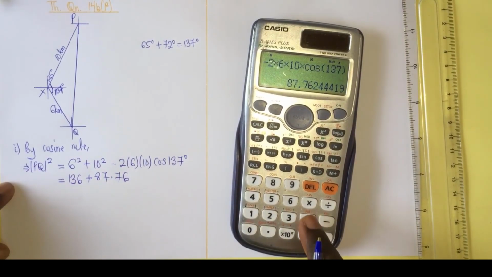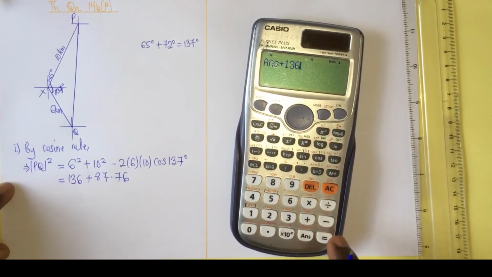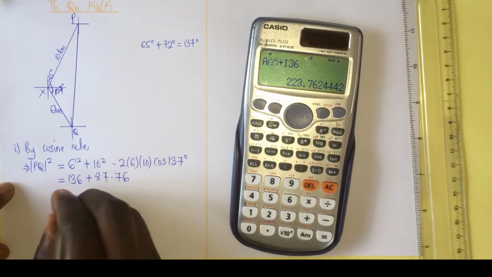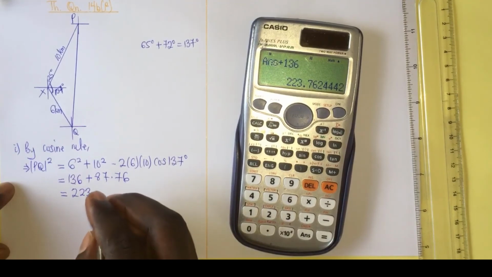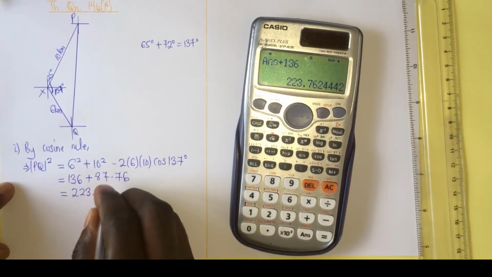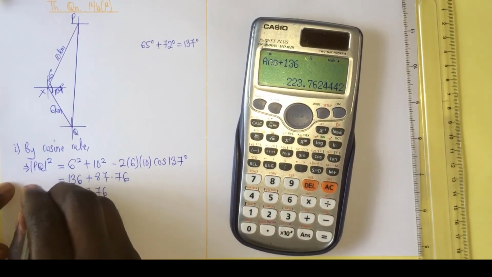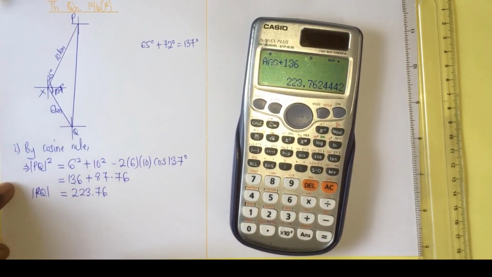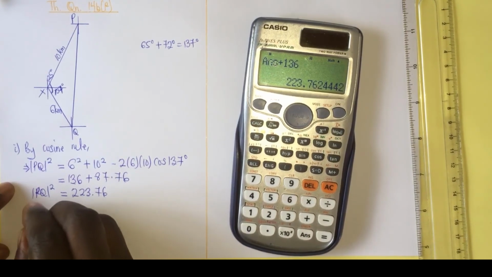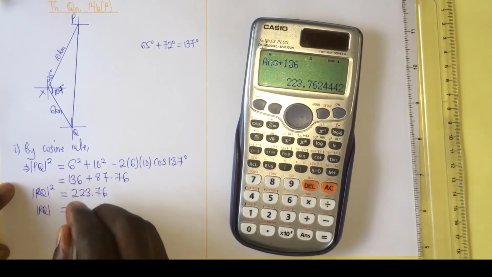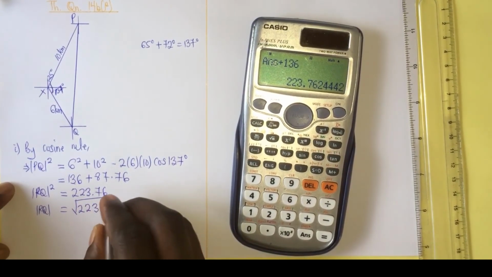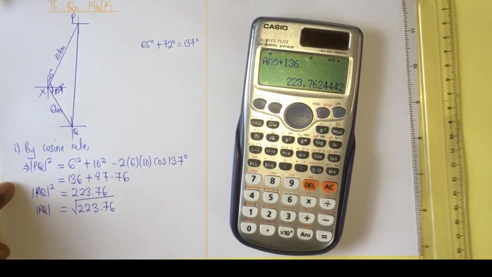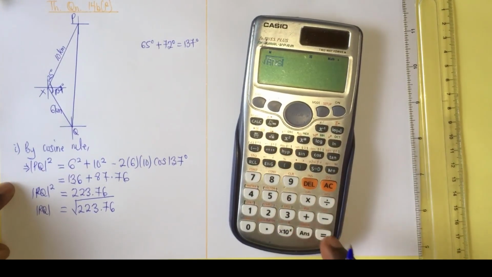So when we add that one to 136 to give us 223.76. So to find PQ, we have to take the square root of 223.76.